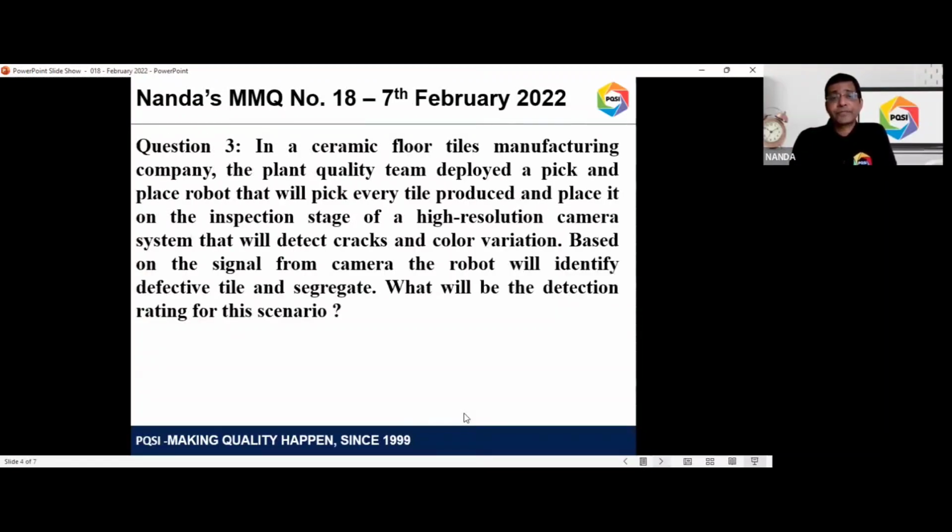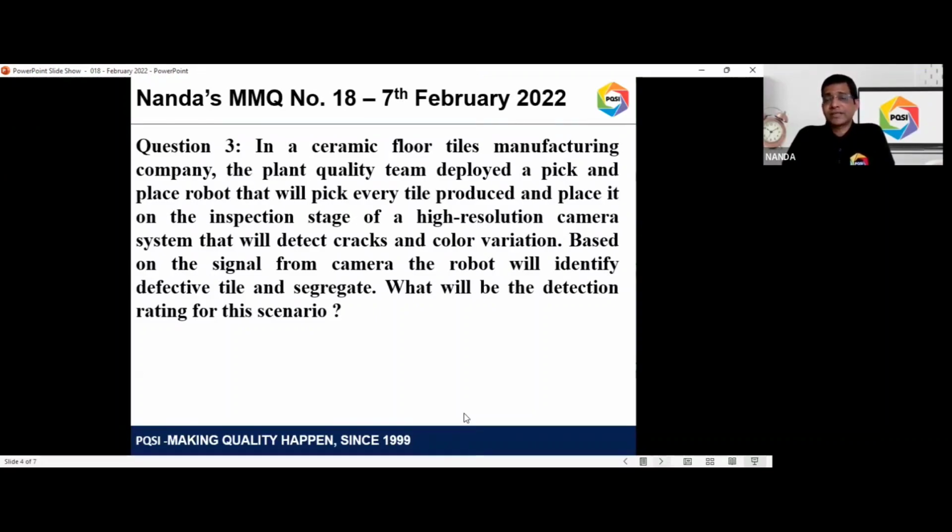Question number 3. Again, a very similar question, but this time we are talking about detection rating. So in a ceramic floor tiles manufacturing company, the plant quality team deployed a pick and place robo that will pick every tile produced and place it on the inspection stage of a high resolution camera system that will detect cracks and color variation.